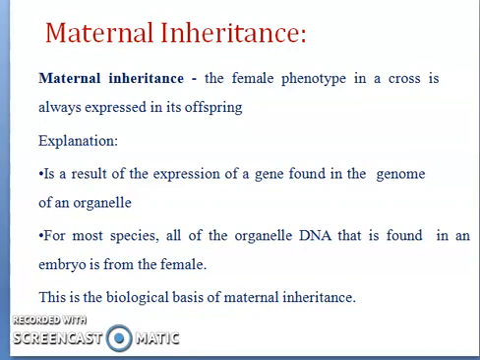When the fusion of these two occurs, the acrosomal reaction takes place, and the enzymes present at the acrosomal region degrade the membrane of the egg cell and allow the penetration of the sperm into the egg cell. Once the fusion takes place, the nucleus of the egg cell and the nucleus of the sperm fuse to form a diploid nucleus.